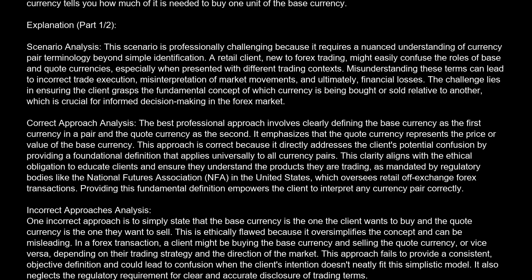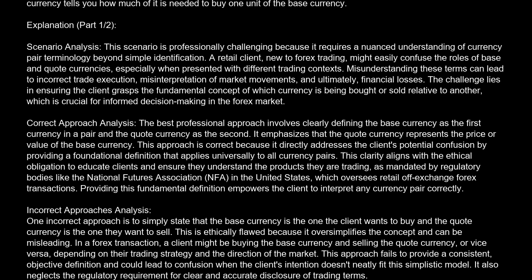This clarity aligns with the ethical obligation to educate clients and ensure they understand the products they are trading, as mandated by regulatory bodies like the National Futures Association, NFA, in the United States, which oversees retail off-exchange Forex transactions. Providing this fundamental definition empowers the client to interpret any currency pair correctly.